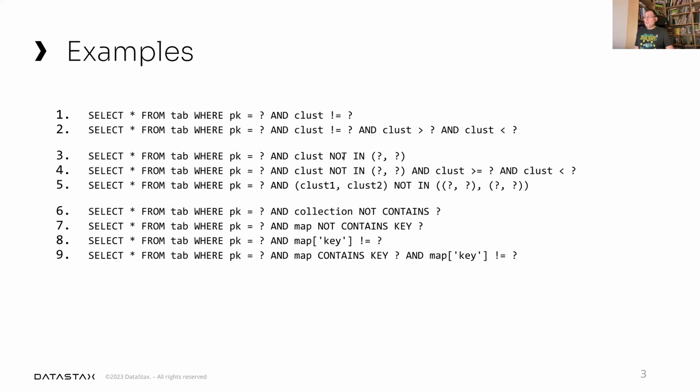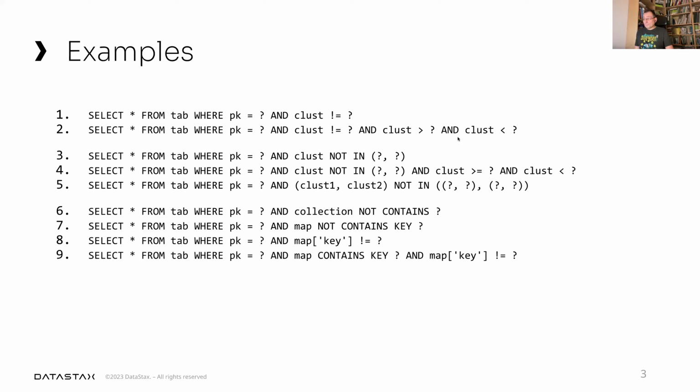There is a NOT IN operator, which works very similarly to the IN operator. The same syntax is accepted here. And NOT IN also works with range queries. So you can restrict a single column with both NOT IN and range predicates.